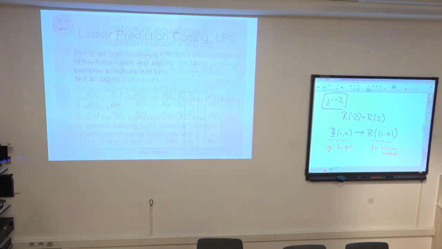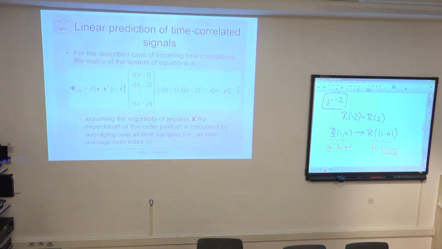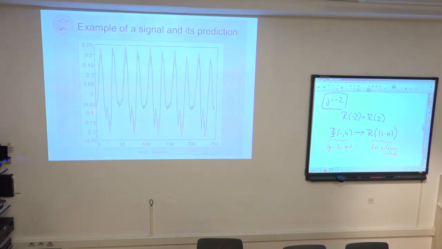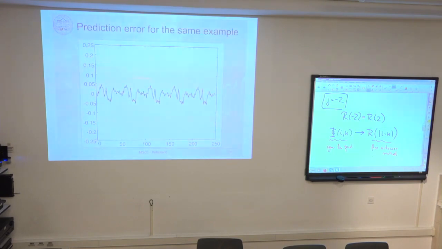It was shown in this example for the speech signal. If these are the original signal, green line, and the prediction, dotted line, then the prediction error or prediction residual is a signal of much smaller variance, much smaller effective value.